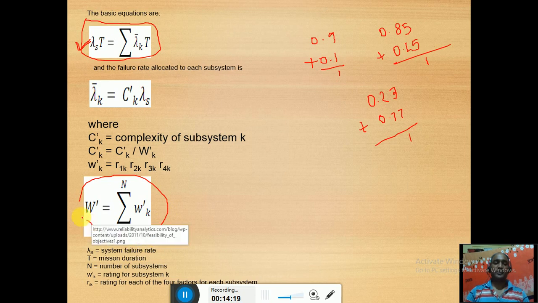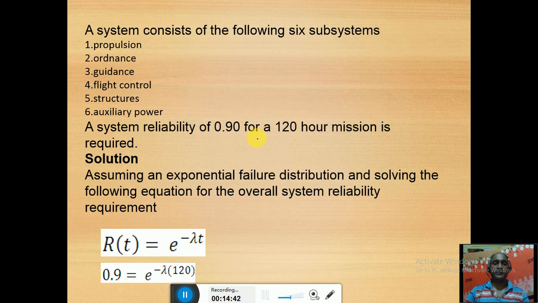This particular equation will give you information about the weightages. The summation of all the weightages must be equal to 1. We have to allocate the weightages. We are going to solve one problem, then you will understand how these equations arrived and why we have written this equation in this particular form.